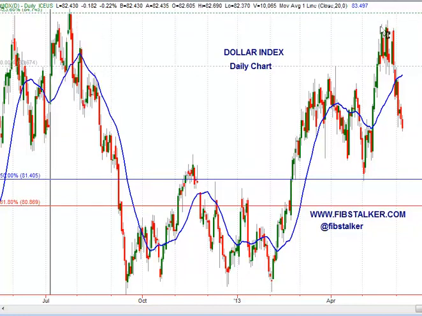And this is a very important point, because when program trading is not able to push a well-formed move into target, it means that the selling pressure is very high, and that means that the dollar could have started its move lower.